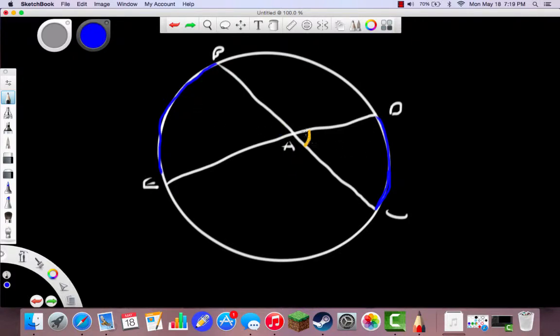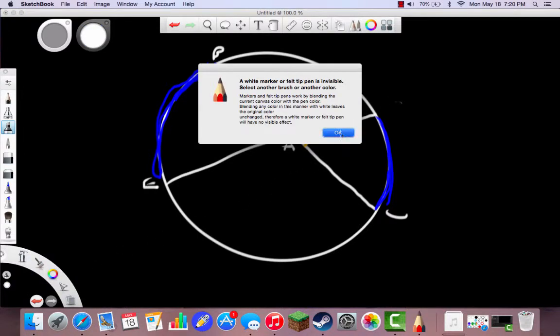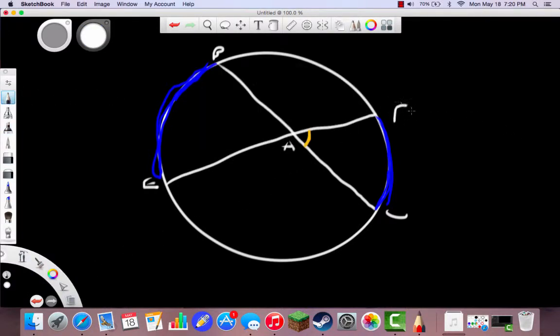So our angle DAC is going to equal half of arc DC plus arc DE.